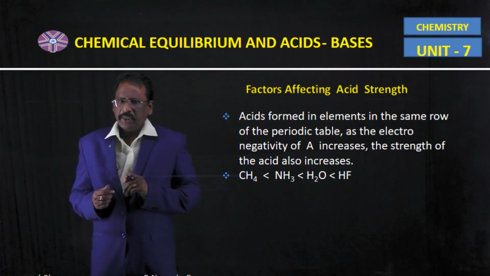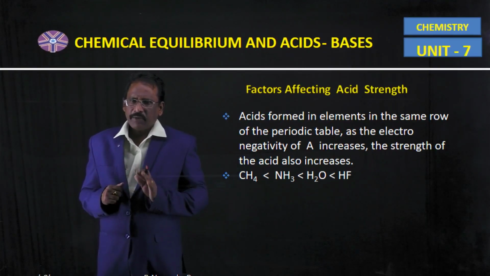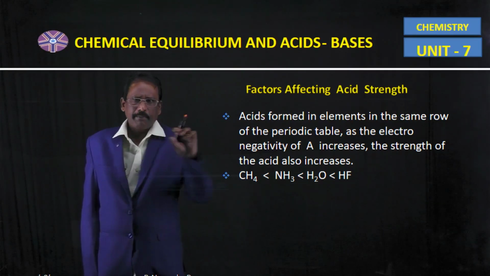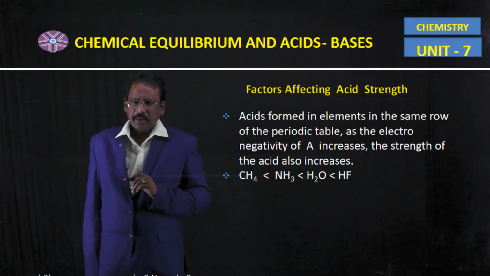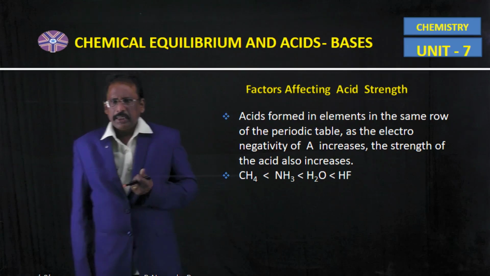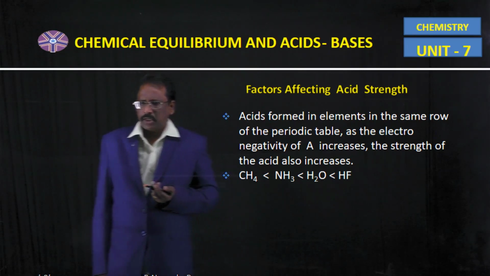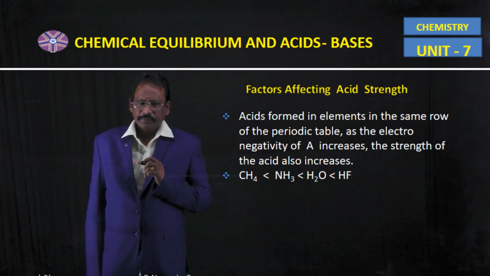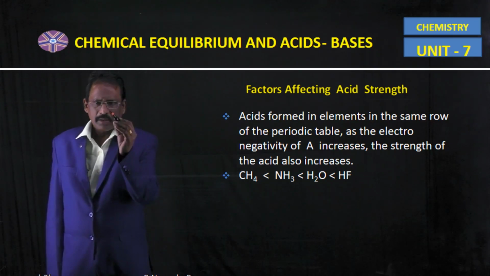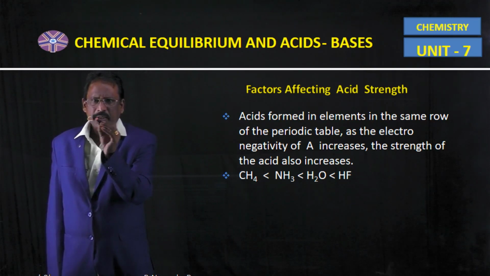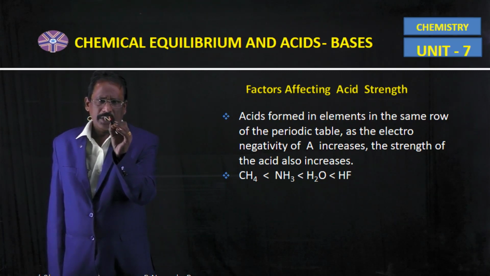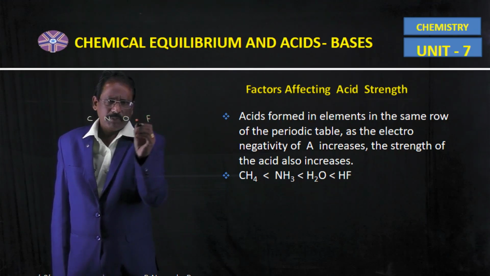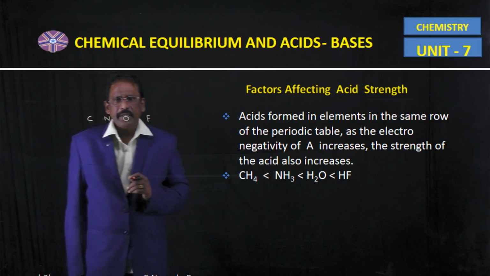If the acids are formed by elements in the same period, now the acidic strength depends upon the polarity of the bond. For example, carbon, nitrogen, oxygen, fluorine belong to the same period.